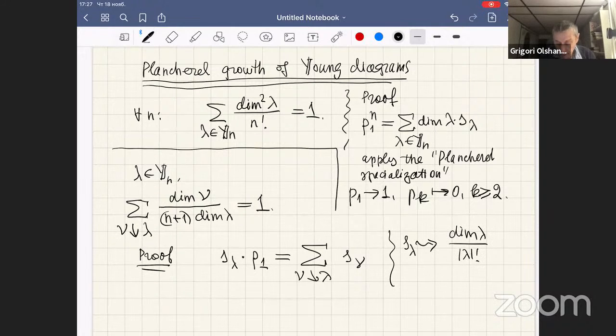So applying this specialization to this diagram, here we get 1, and here a similar expression. We immediately get this one. So this is an easy proof. One can prove it in different ways, but this, I think, is the simplest one, provided we know this result.